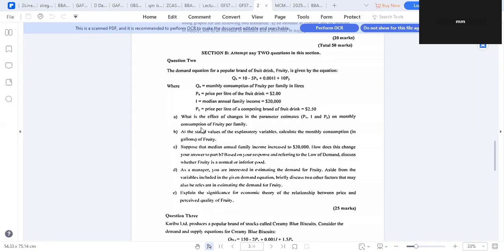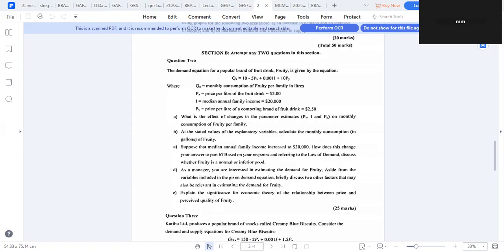So this is no different from what we have just discussed. But now, I want us to analyze this question. It's a 25 mark question, which deserves our attention. So we've been given all the parameters that we need, and the question has been broken down.